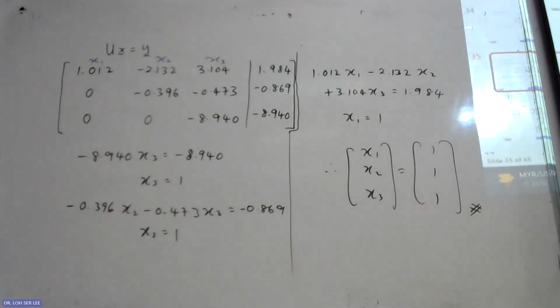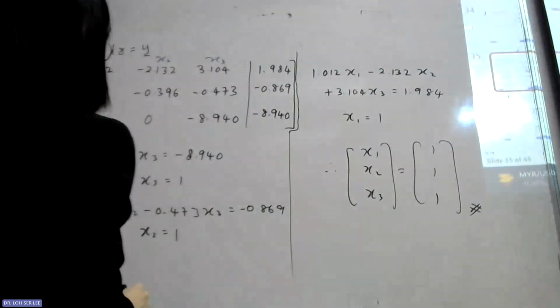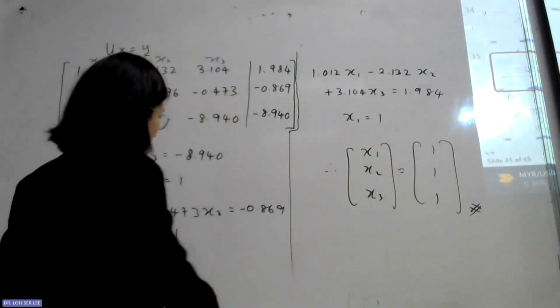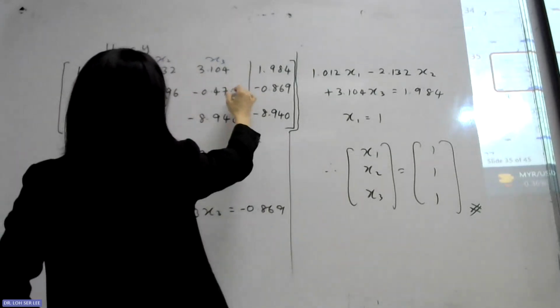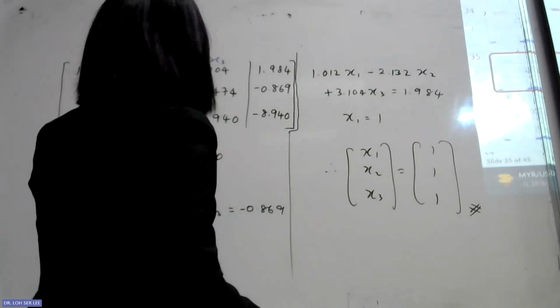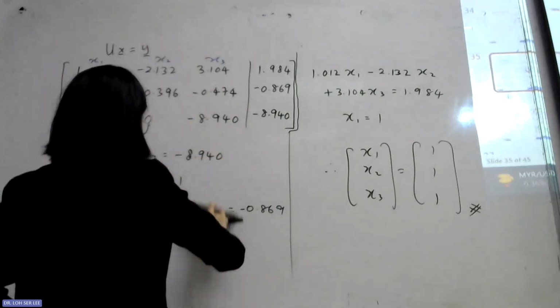That's 0.473 for x3. Follow 0.478 for x3. But for me I get 4. But if I get 4 it means it gets 0.99, not 1. If divide, the down one x2 is 4.